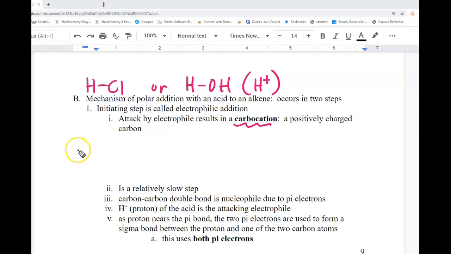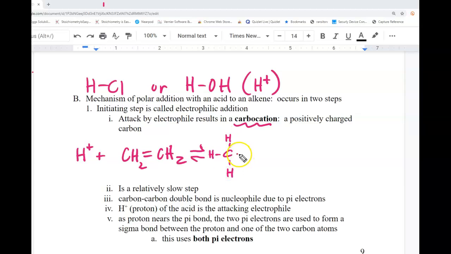So for instance, you will have the electrophile portion of the acid or the water attacking the double bond between the two carbons, specifically attacking the pi bond. And you're going to end up breaking the pi bond and adding one hydrogen onto one side.